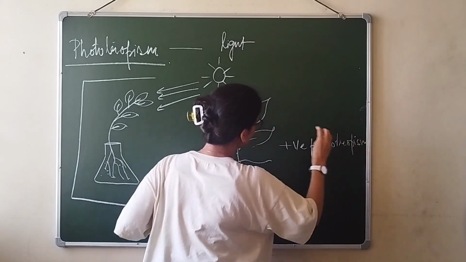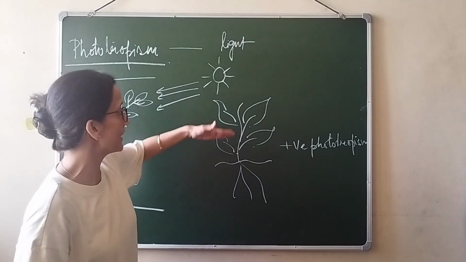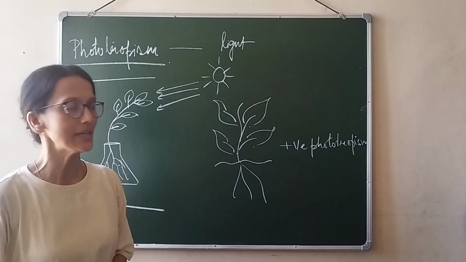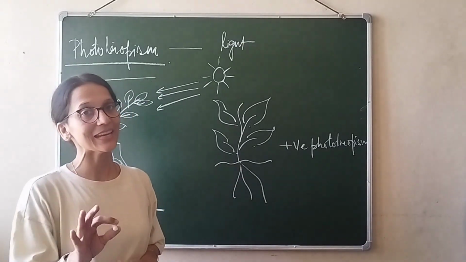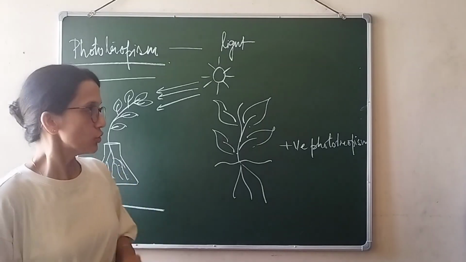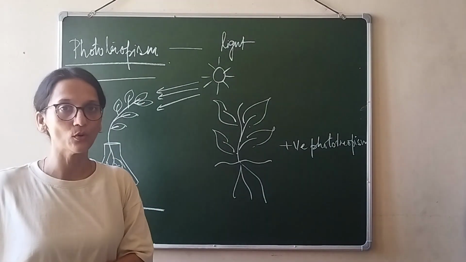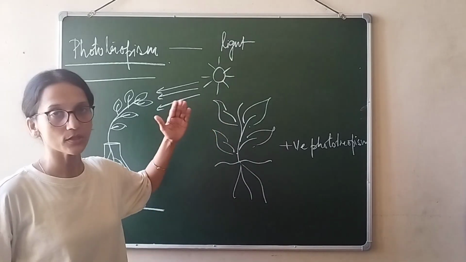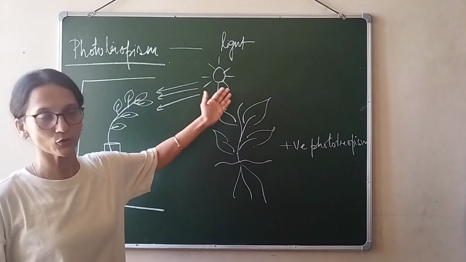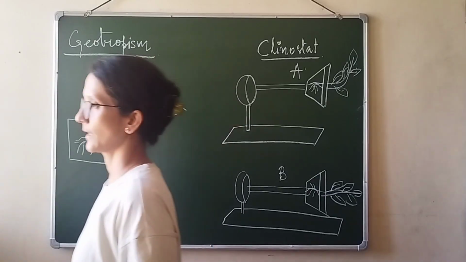That means the cells of the stem region, they are positively phototropic. That means they grow towards the direction of the light, whereas the root is negatively phototropic. That means it grows away from sunlight. So you can do this experiment, or otherwise also when you go outside and you see that of course the stem is always positively phototropic and the root is negatively phototropic.